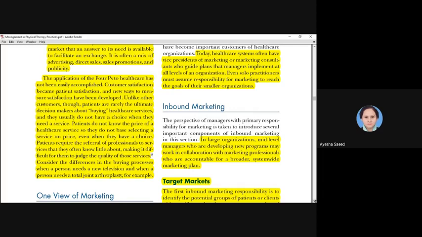Patients require the referral of professionals to services that they often know little about, making it difficult for them to judge the quality of those services. Just consider the difference in buying processes when a person needs a new television and when a person needs a total joint arthroplasty, for example.